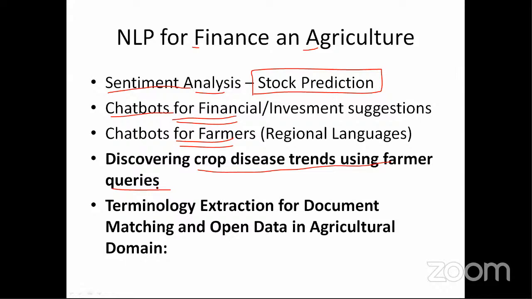You can collect the queries and identify from them whether any disease is happening in a particular region. If you identify a crop disease in that region, you can give an alert and precautions to the nearby regions. So this is where you require NLP analysis.